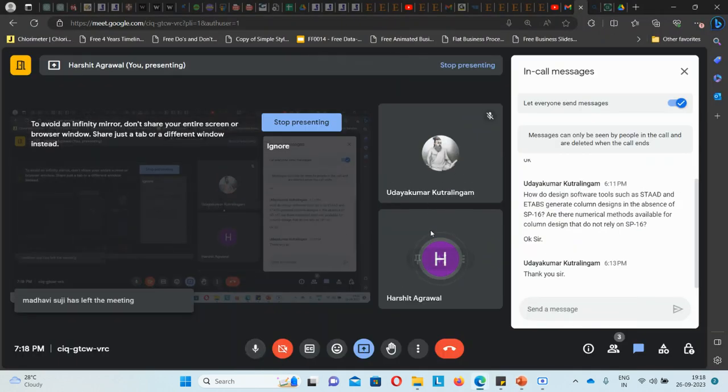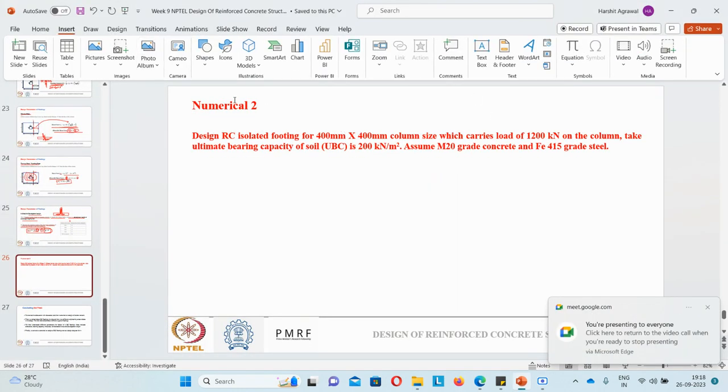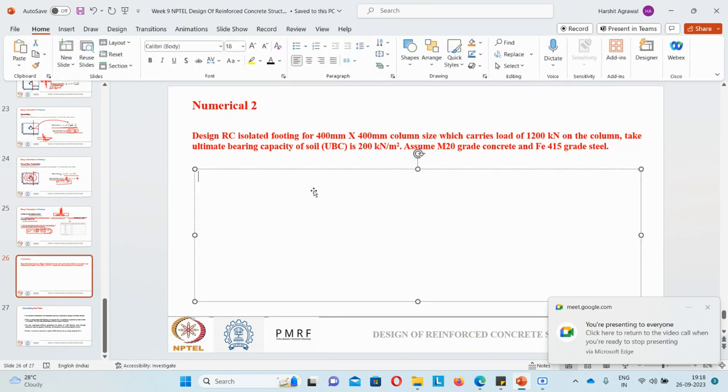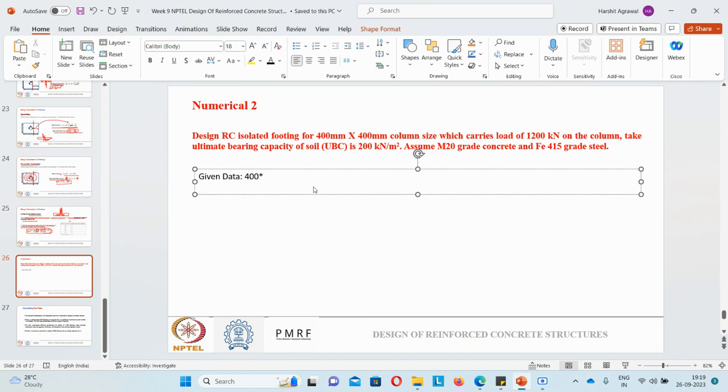Okay, so let's see the solution now. Okay, so the given data we will write first. The column size is 400 cross 400 mm.